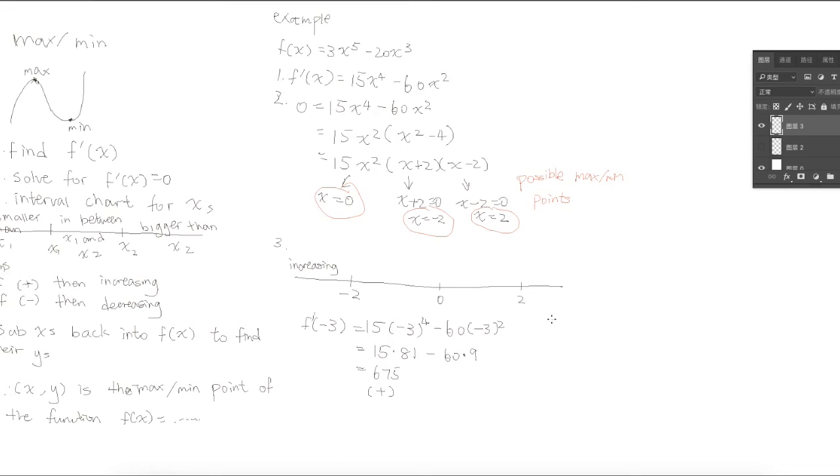Next, we're going to find a number between -2 and 0, which I will say -1. The same thing, substitute that back into your derivative and find the number, which is a negative number. So that means this interval is decreasing.